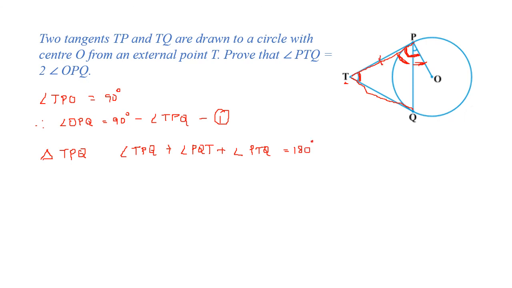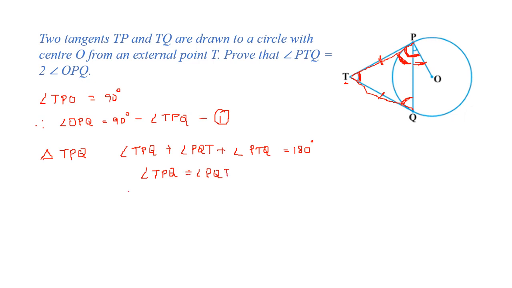Now we know this tangent and this tangent are equal, so the opposite angles are also equal. So we have angle TPQ equal to angle PQT.